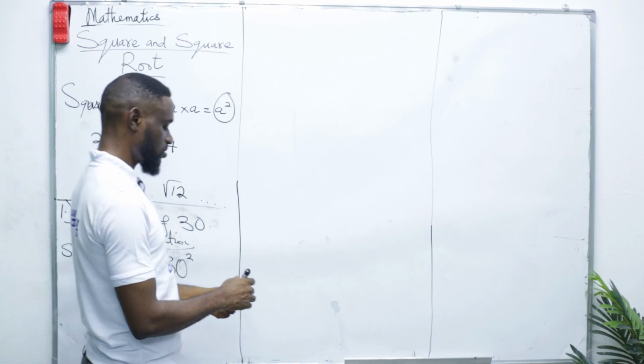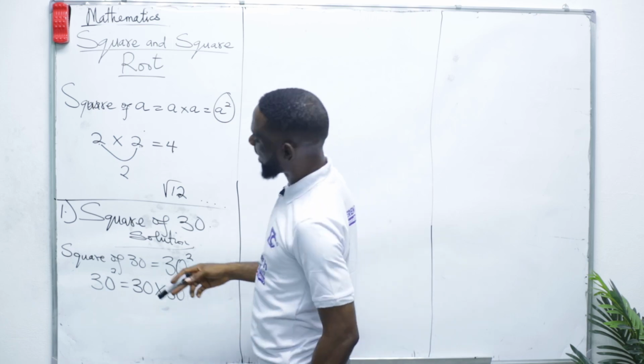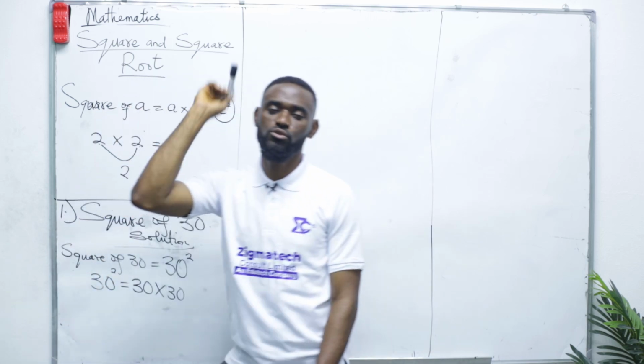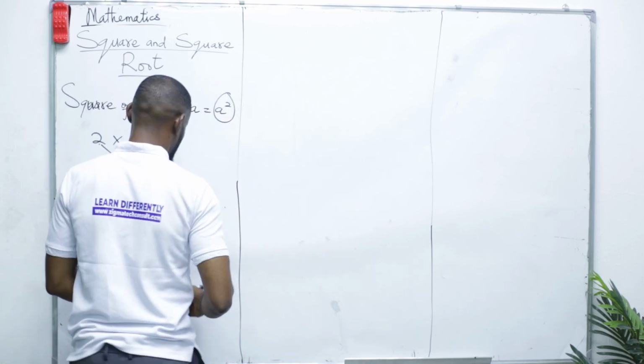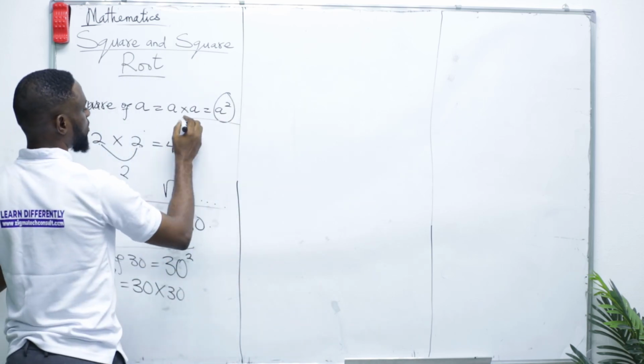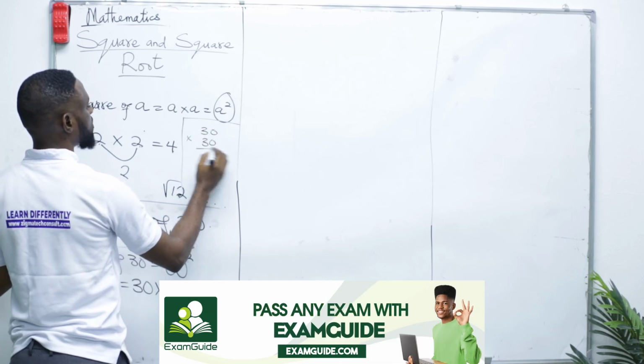That's what it means. Anytime you see a square of whatsoever, it means that number raised to power 2. It means it is multiplying itself. So this is 30 times 30.